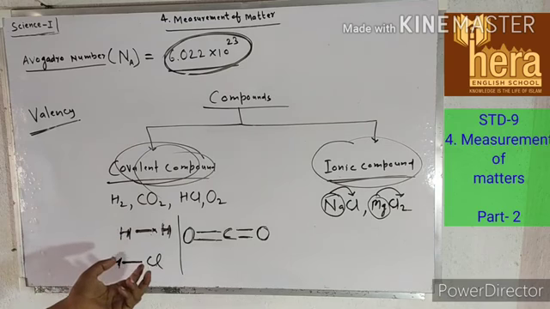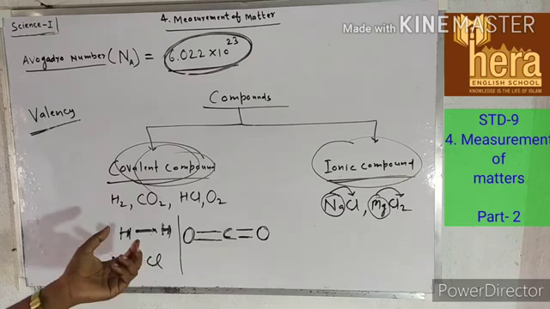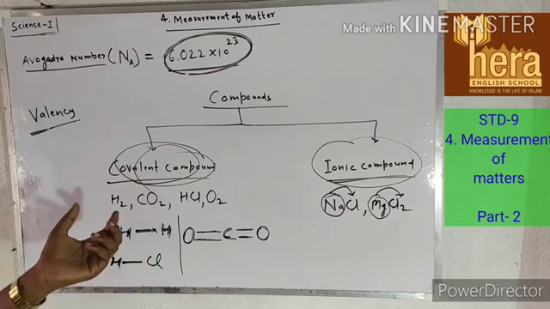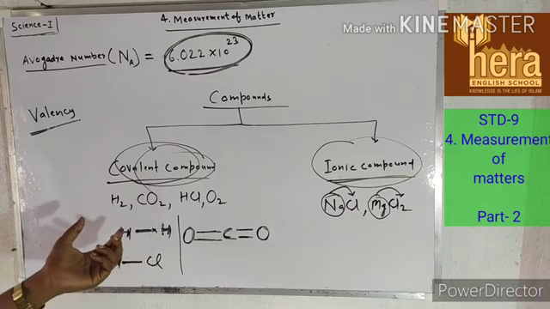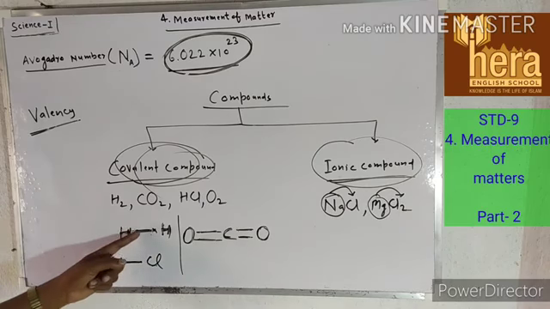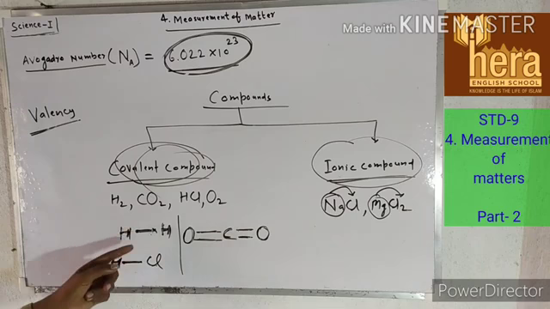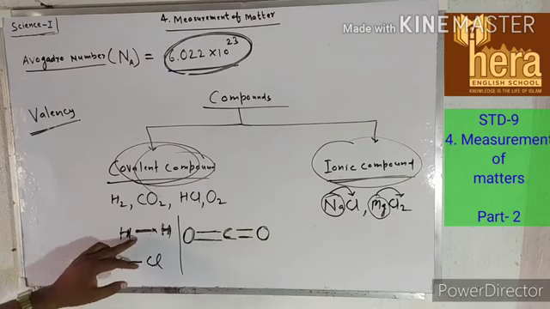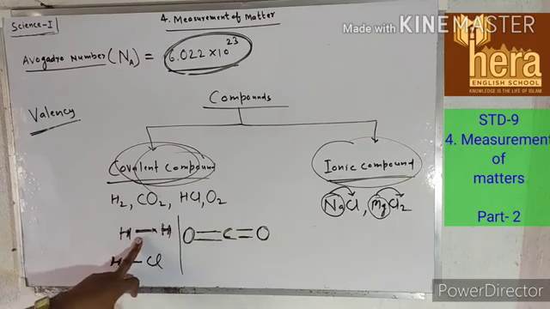The valency of an element is indicated by a specific number. It is the number of chemical bonds formed by one atom of that element with other atoms.